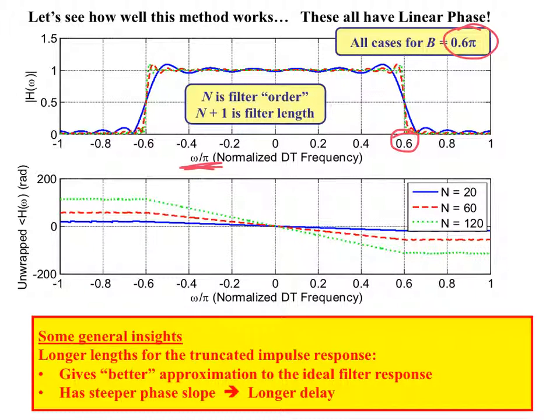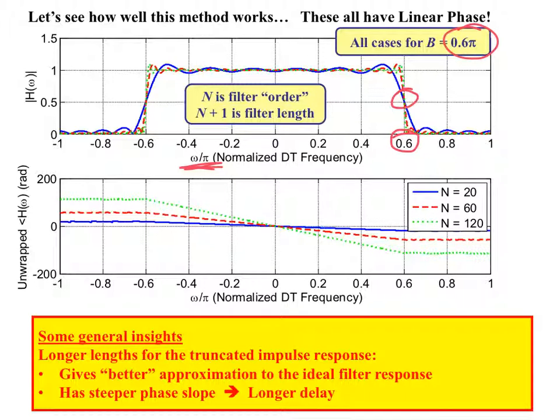And you can see that all of the designs end up hitting 0.5 at the cutoff frequency. And so that really isn't the definition of where the cutoff frequency is by the real strict definition. So you can see that already we're kind of getting something not quite right on our filter design.